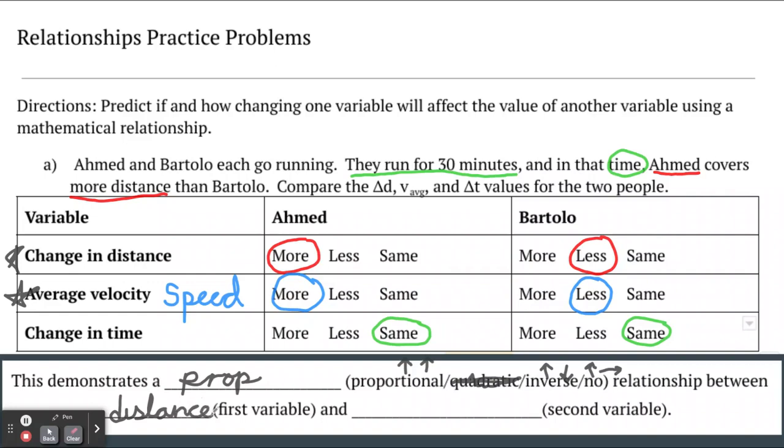There's my distance. Y'all are going to get really good at learning how to read cursive. So distance and velocity is the second one. Velocity. And I'm going to get better at writing in cursive on the computer.